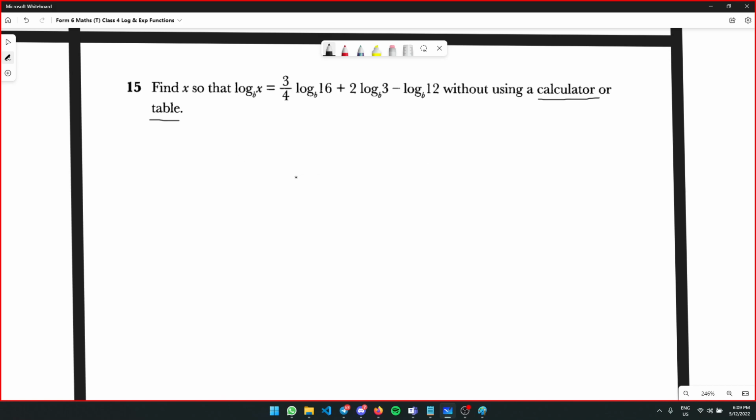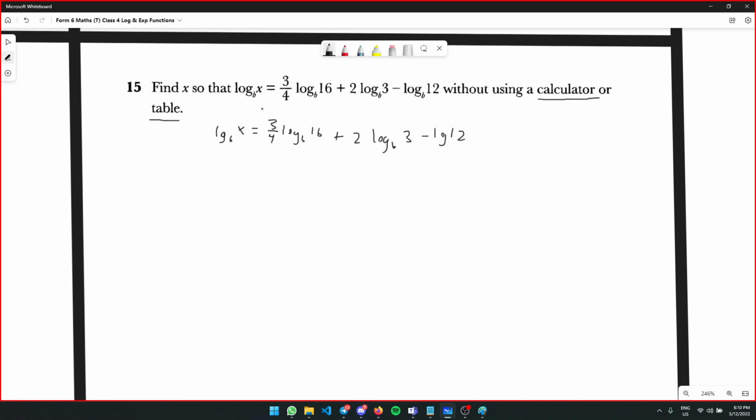So how do we start this? Let me just copy the question first. log b x equals 3 over 4 log b 16 plus 2 log b 3 minus log b 12.